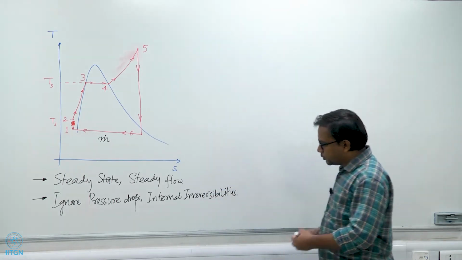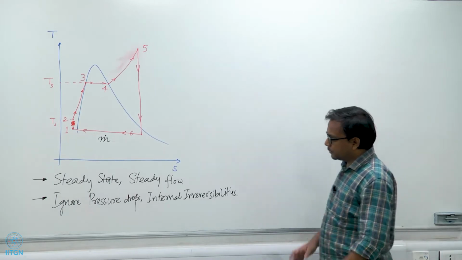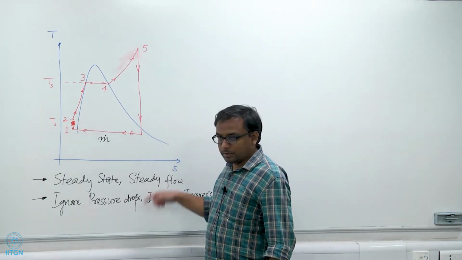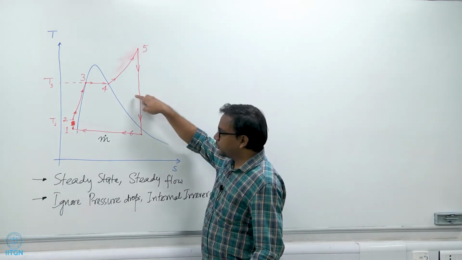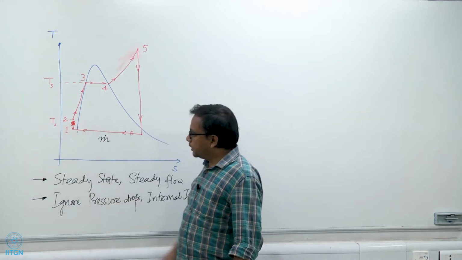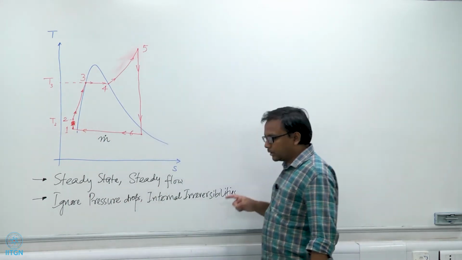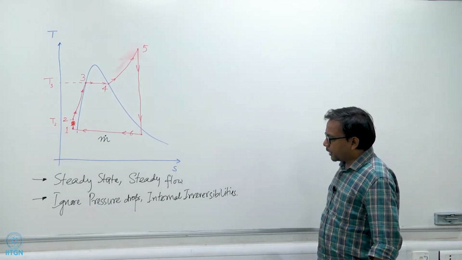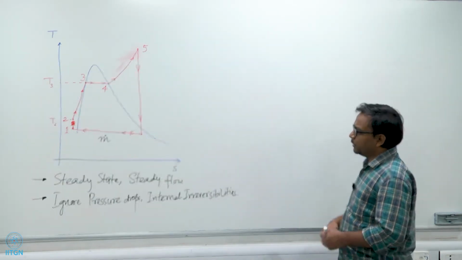So, these two very important assumptions we will take. You might understand where these irreversibilities might come into play. For example, when we are calculating the work output from the turbine or work input into the pump, internal irreversibilities might play an important role. Okay. So, with these two assumptions, let us start.